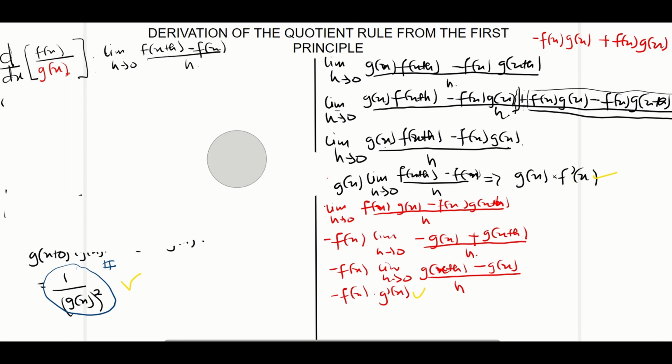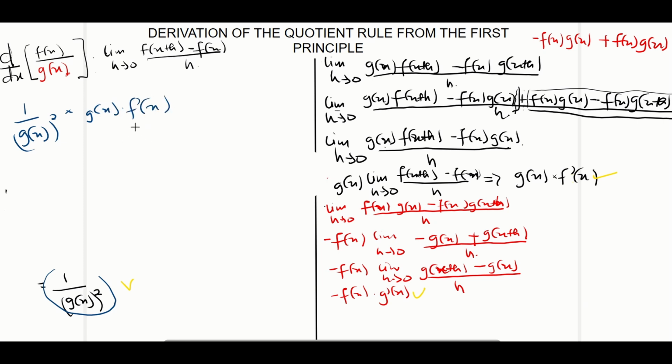Here we get 1 over g of x all squared, multiplying the second one, g of x times the derivative of the function f of x, and then minus the third one, f of x multiplying the derivative of g of x.